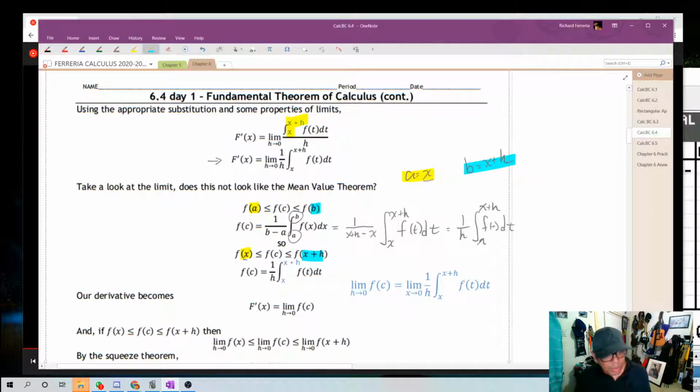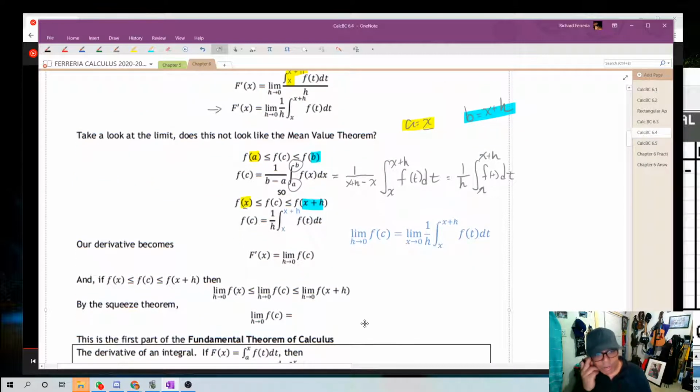After that, we're going to apply a limit over here. So the limit of f of c equals the limit of 1 over h times the integral from x to x plus h. And if all of these things are equal to each other, then that means that F prime of x equals this limit as h approaches 0 of f of c. Wow, that's some pretty heavy stuff here.